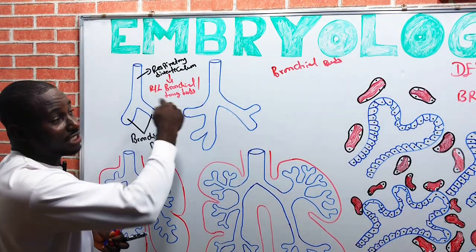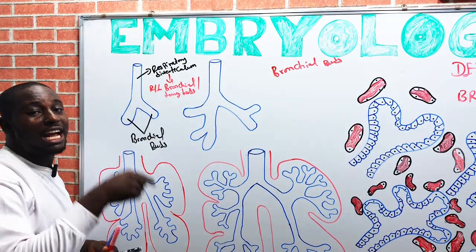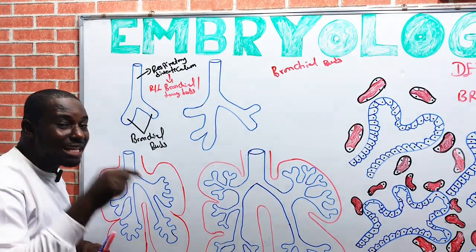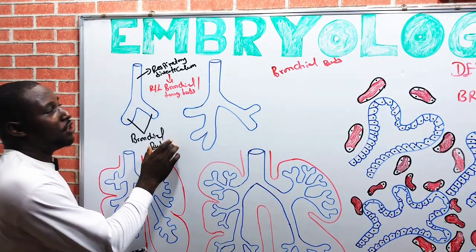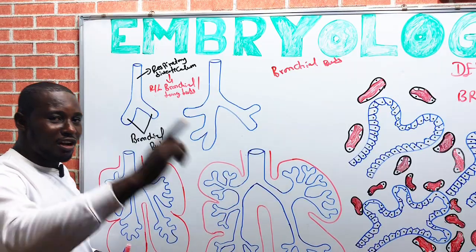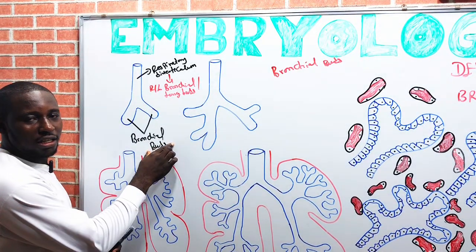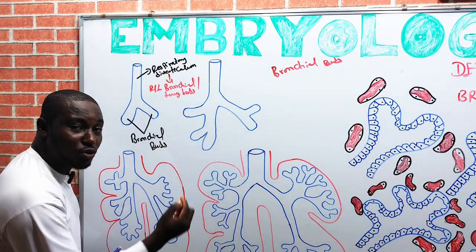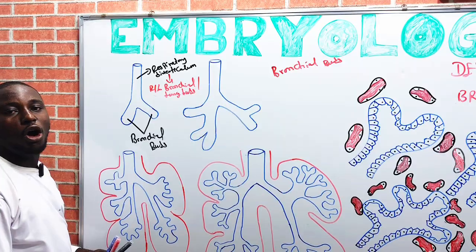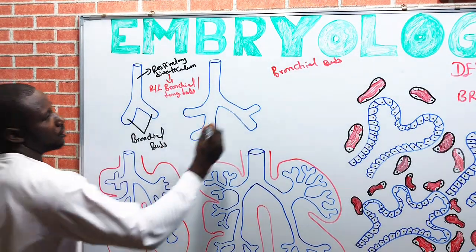The lung bud, as I've said earlier, invaginates into the pericardioperitoneal canal to form the right and left pleural cavity, while the bronchial bud forms the bronchi and the lung parenchyma, right? Now, the bronchi, or the bronchial bud, I mean to say, forms what we call the principal bronchus. It forms the principal bronchus.